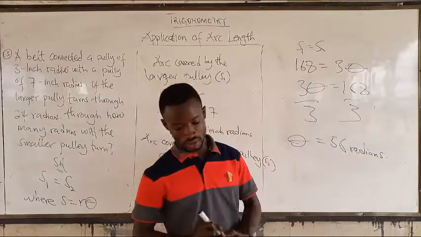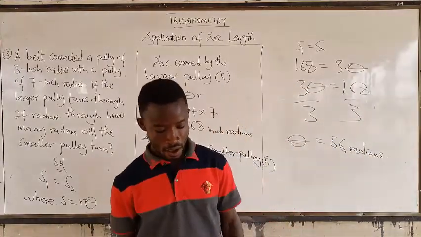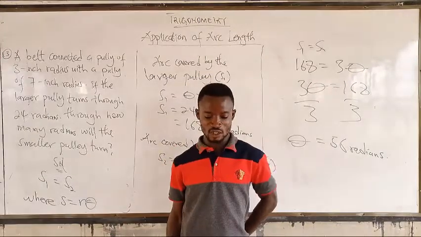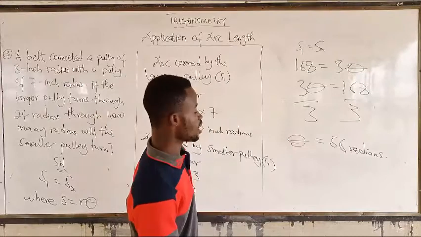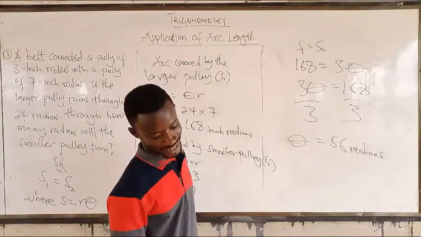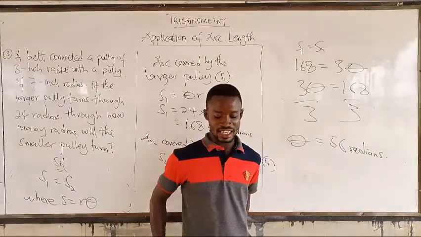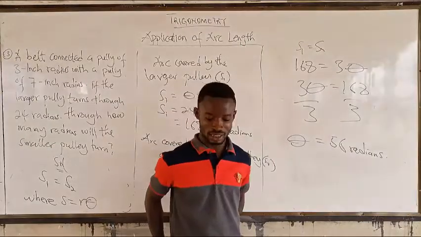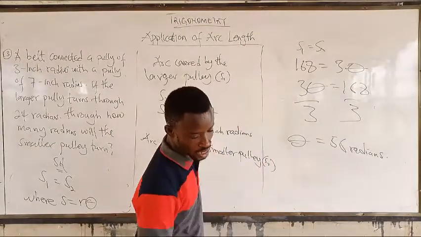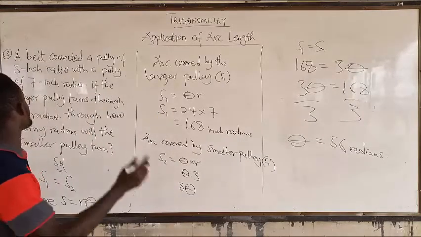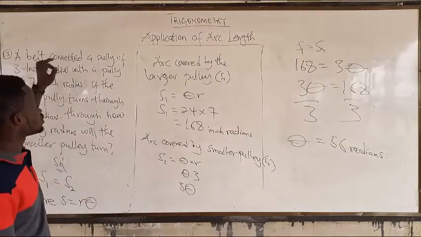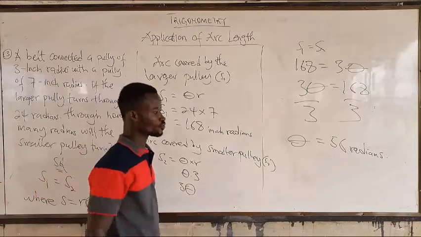So you conclude, hence, that the smaller pulley turns through an angle of 56 radians, with the radius of 3 inches.